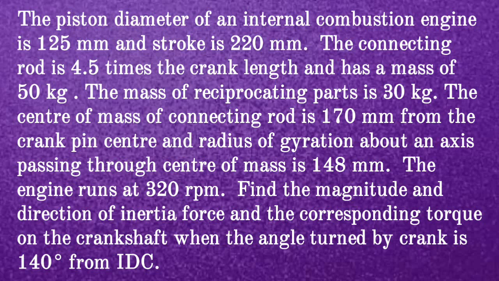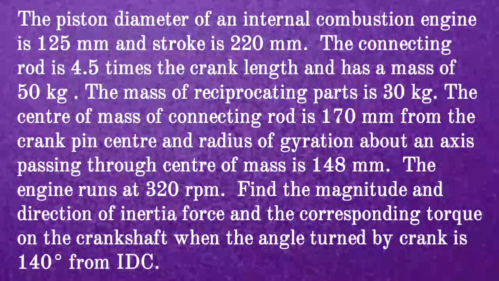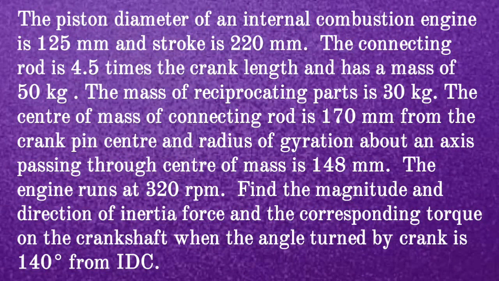The center of mass of connecting rod is 170 mm from the crank pin center, and the radius of gyration of an axis through the center of mass is 148 mm. The engine runs at 320 rpm. Find the magnitude and the direction of the inertia force and the corresponding torque on the crankshaft when the angle turned by the crank is 140 degree from the dead center.